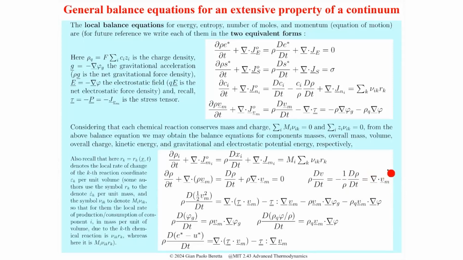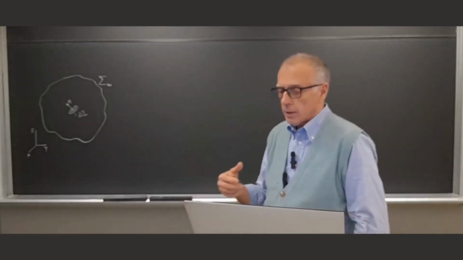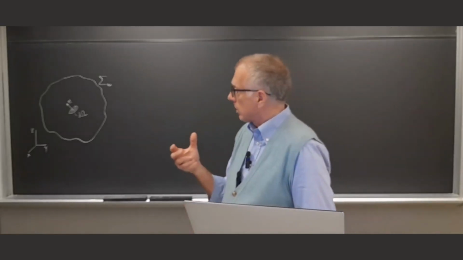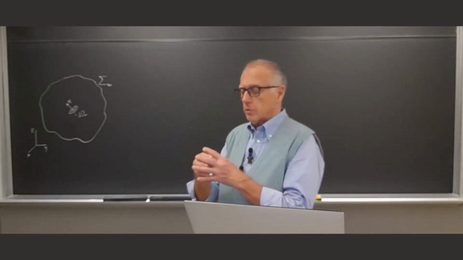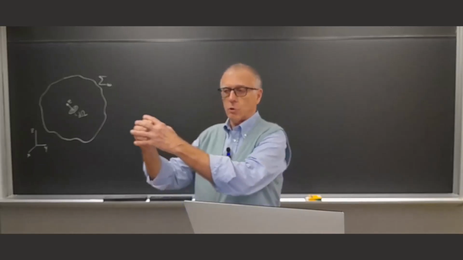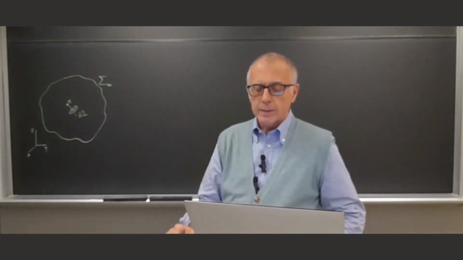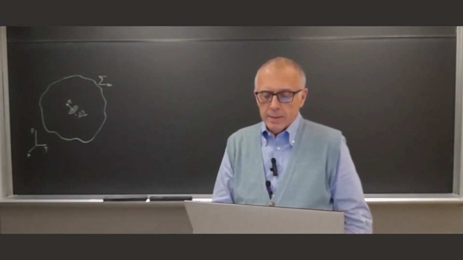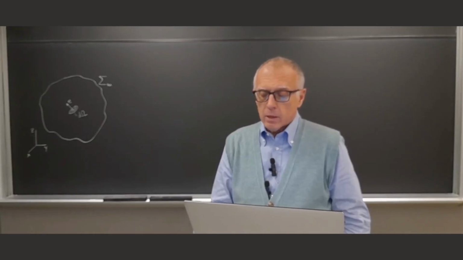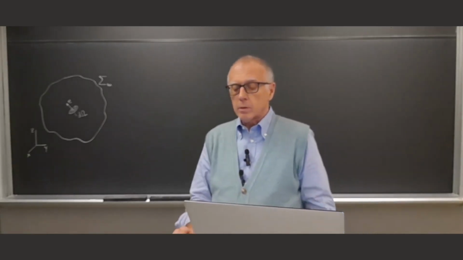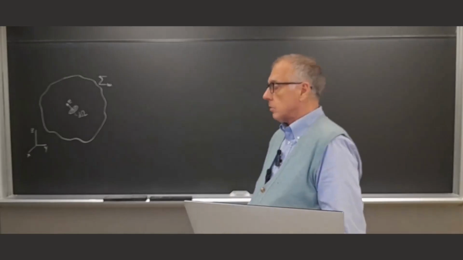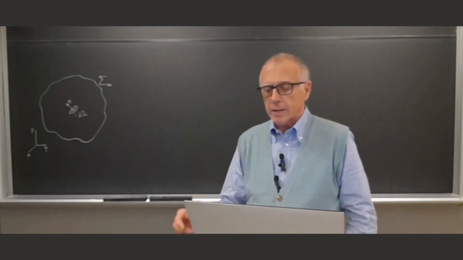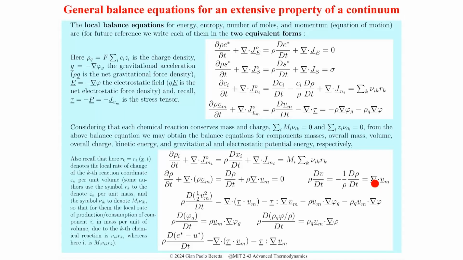The divergence of V represents the rate of change of the volume of your fluid element as you follow it during the flow along its path. And typically, unless the flow is very speedy, so unless the Mach number is high, you can assume incompressible flow, and so this divergence is equal to 0.